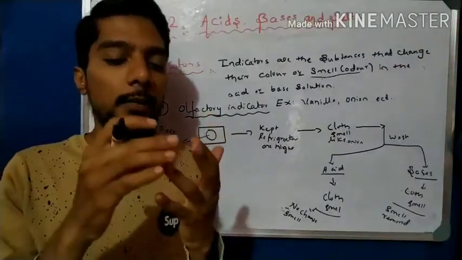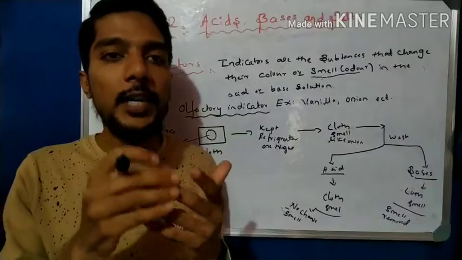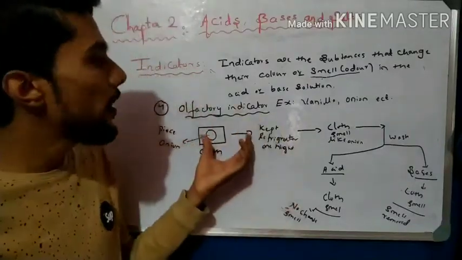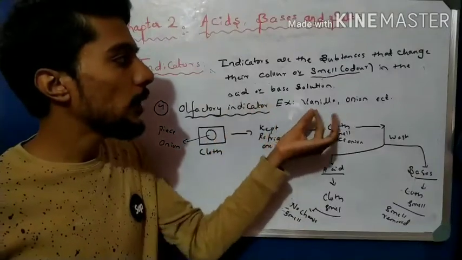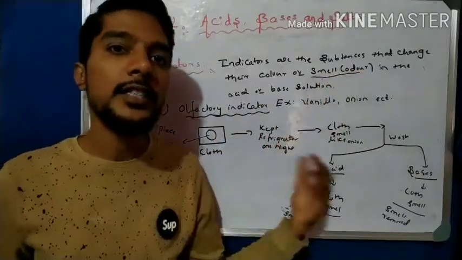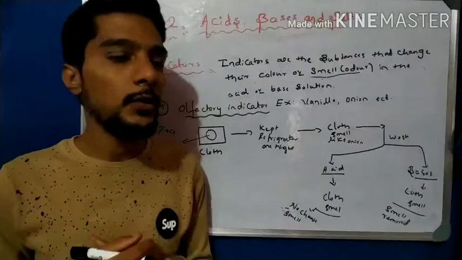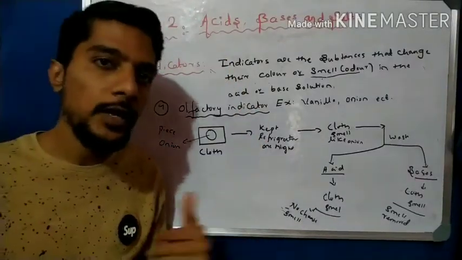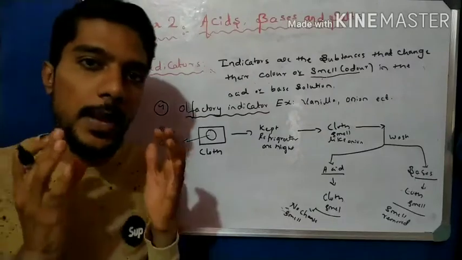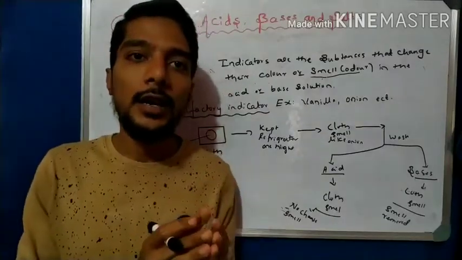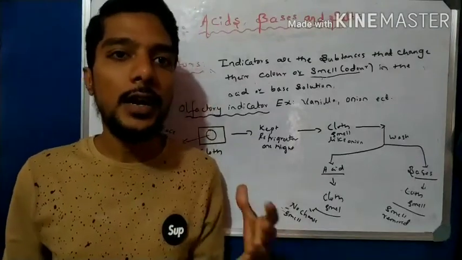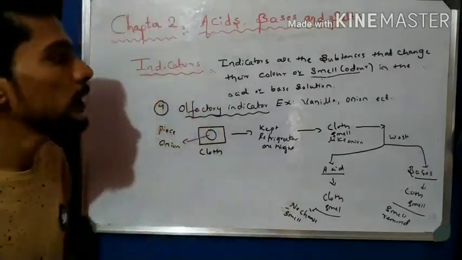Methyl orange, phenolphthalein and litmus paper work on the principle of changing color, and olfactory indicators work on the principle of changing smell in acidic or basic medium. Now we take some more substances, bases and acids, use the indicators and fill in the answers. So come to the next part.